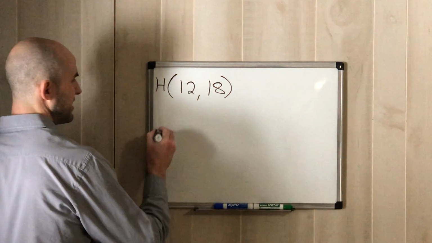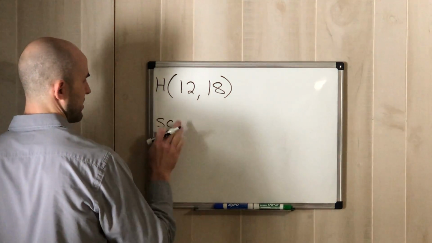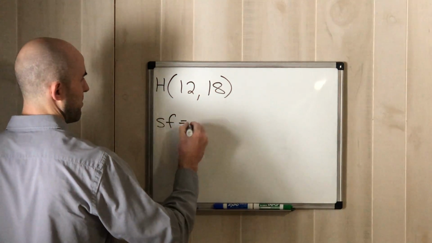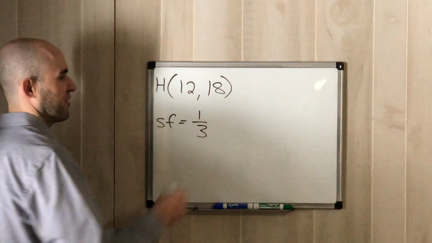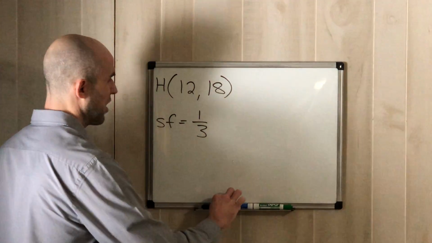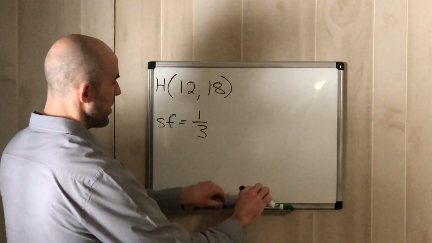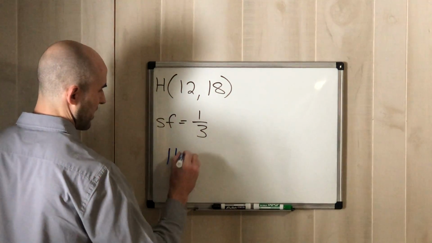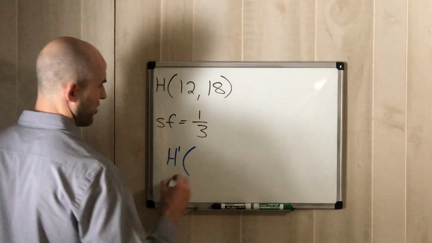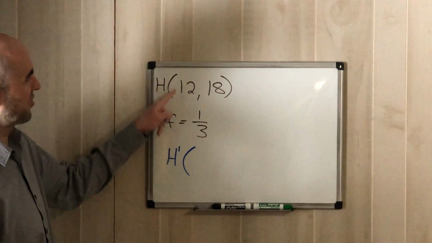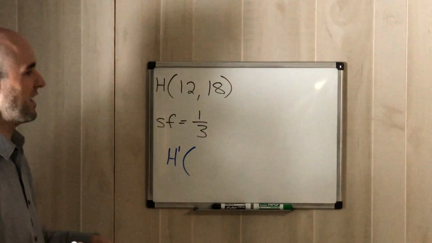And I'm going to tell you that the scale factor is going to be 1/3, a third. Again, I want to find H prime. Since it's 1/3, we know that now it's a reduction. It's getting smaller. So we're going to be doing 1/3 of 12 and 1/3 of 18.